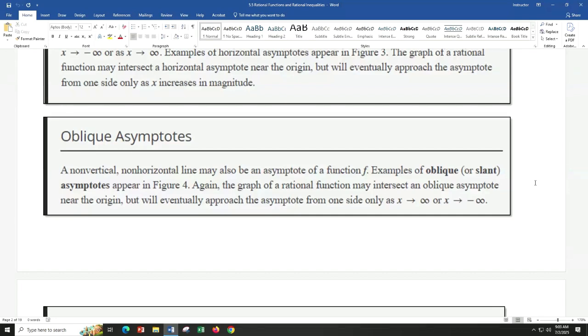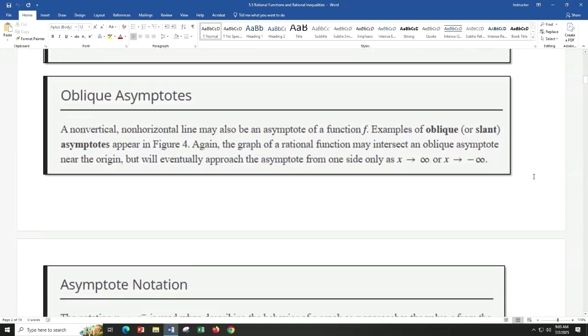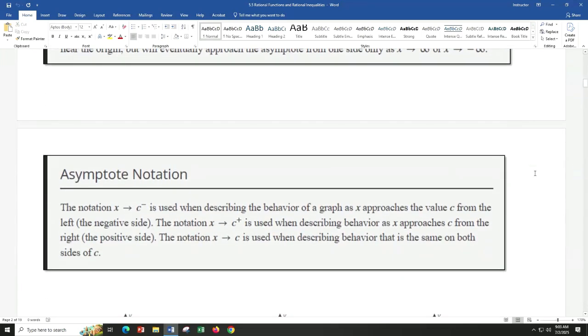While these may seem weird, let me show you some examples. And then let me give this asymptote notation real quick, which you should know. The notation x approaches c, notice that little superscript negative, is used when describing the graph as x approaches some constant value coming from negative infinity and approaching that number, from the negative side.